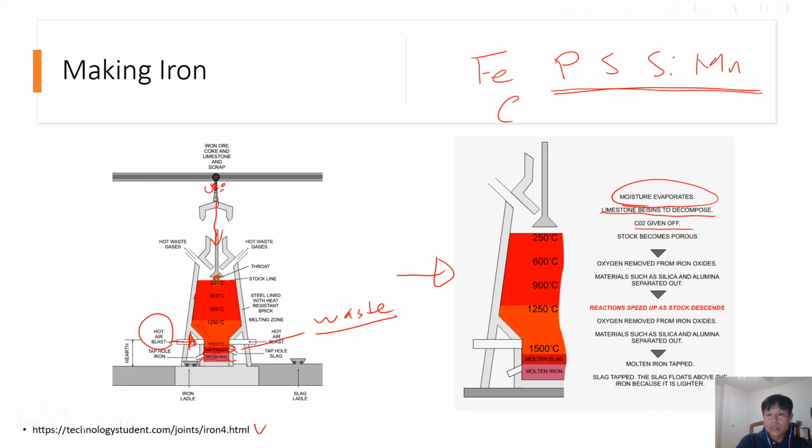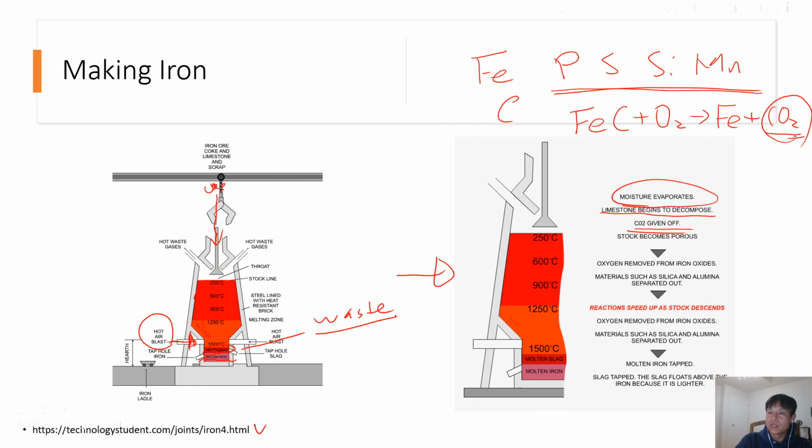One example is like this. Ferrous comes with carbon, and then we put in a lot of oxygen, and then that produces pure ferrous and carbon dioxide, right? So that's why in the process of metal production, a lot of carbon dioxide is produced. That also makes pollution.